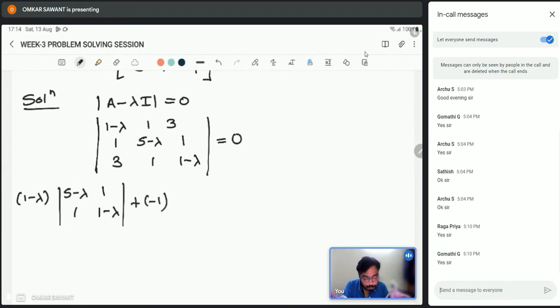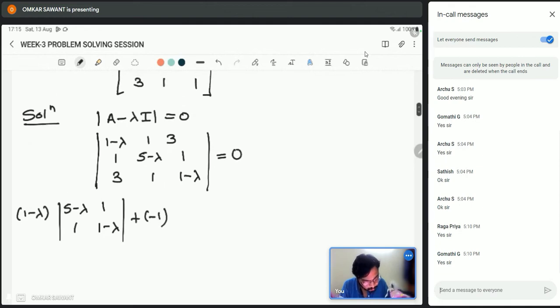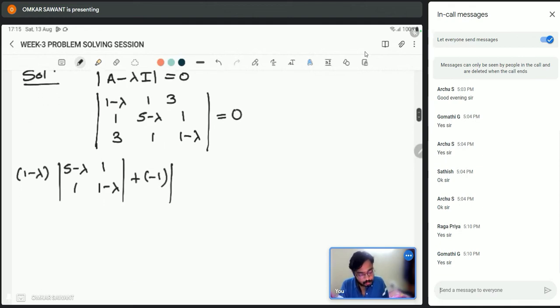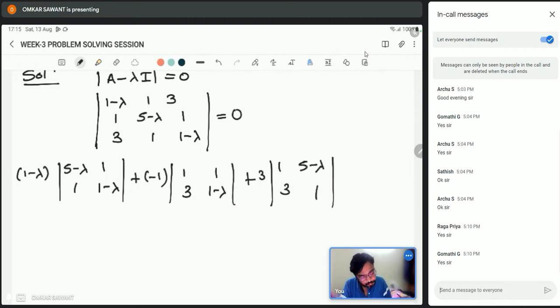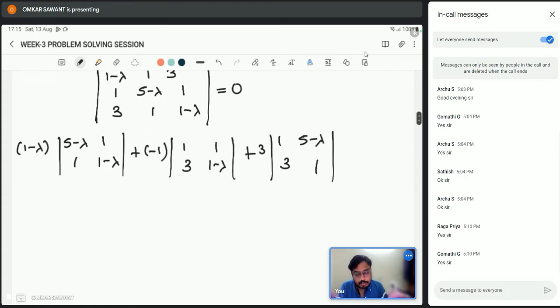So 1 minus lambda into the determinant of the remaining minor, then minus 1 times the next minor, plus 3 times the last minor. Is it correct? Yes, sir.